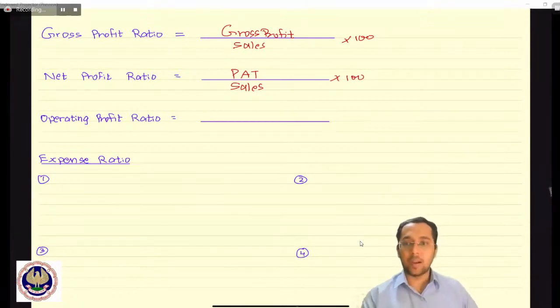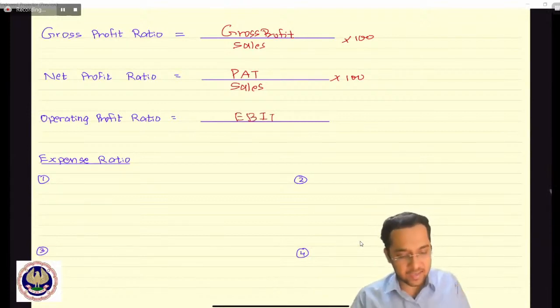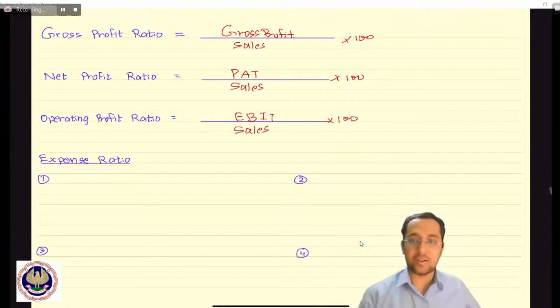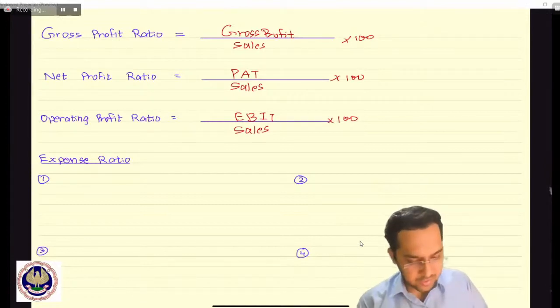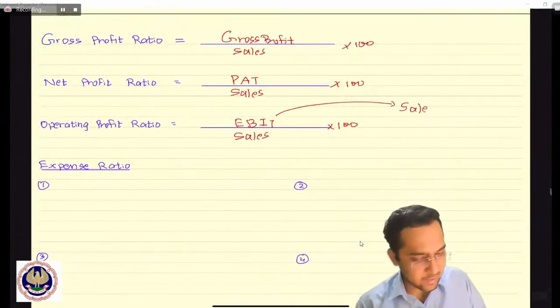Operating profit ratio, whenever it is operating profit, remember it is your EBIT, earnings before interest and tax, on sales into 100. Okay, so operating profit is simply going to be EBIT. Sir, what is this EBIT? Can you give some other term? Yes, you can say EBIT is nothing but sales less COGS less operating expenses.